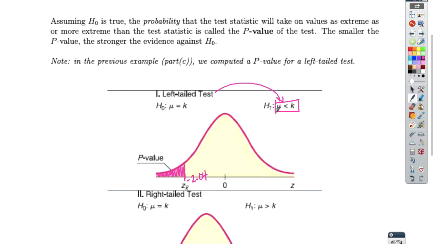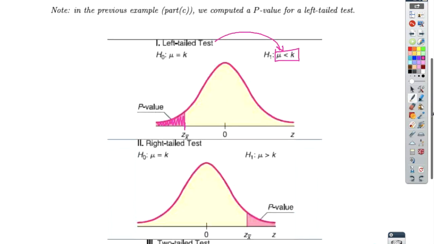The table automatically gives you the left area, so we don't have to do any kind of adjustment. We just got it right from the table, and you don't have to subtract from 1 or anything like that.